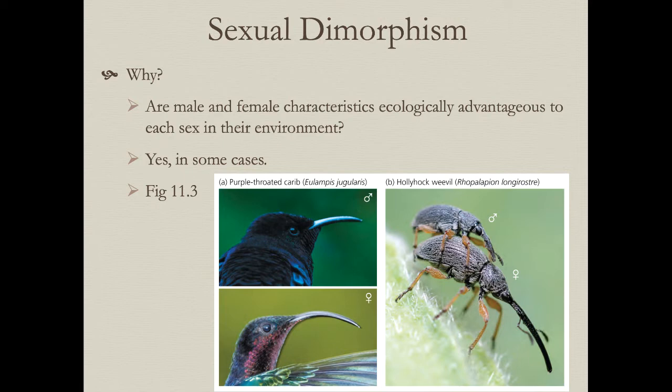So here we have an example of a hummingbird, the purple-throated carib, in which females and males have different bill sizes. And this is associated with the different flowers that they feed on. This is actually beneficial to both individuals of this species because it reduces the amount of competition between males and females when they're foraging in the same habitat.